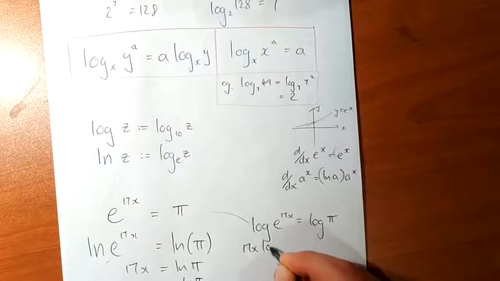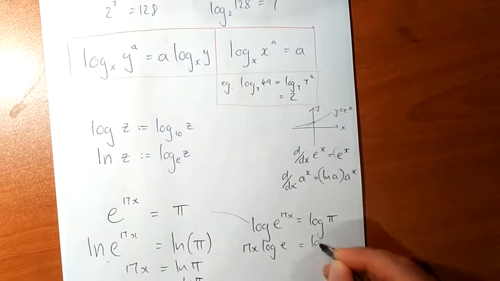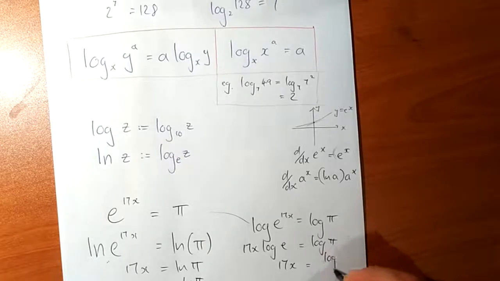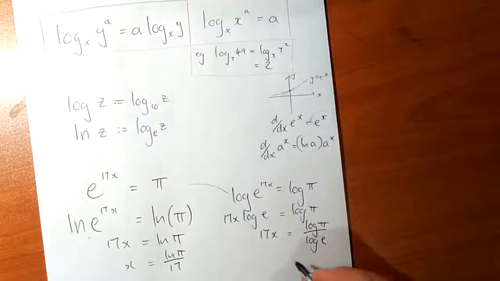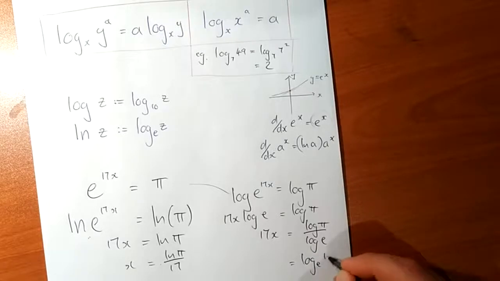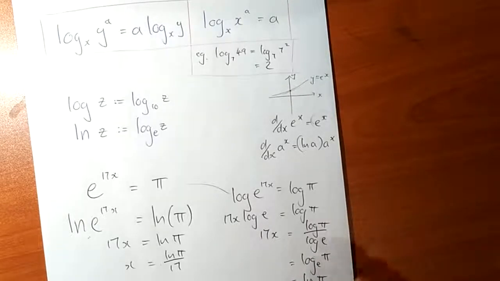So you'd have 17x log e equal to log pi. So you would have that 17x is log pi over log e. But this actually is, by another property of logarithms, just ln of pi.